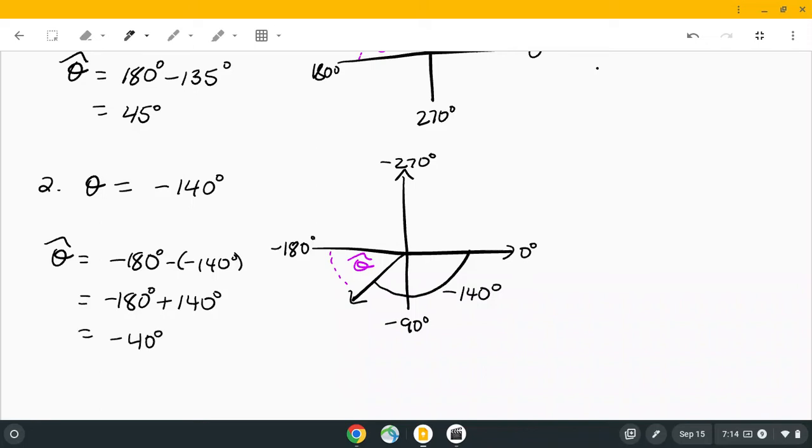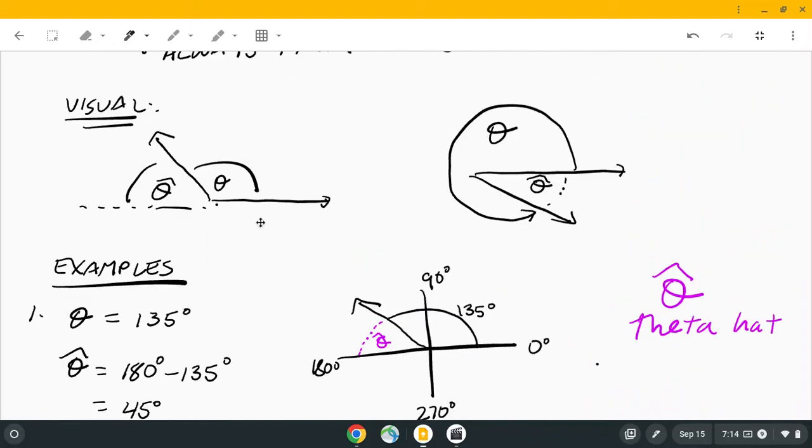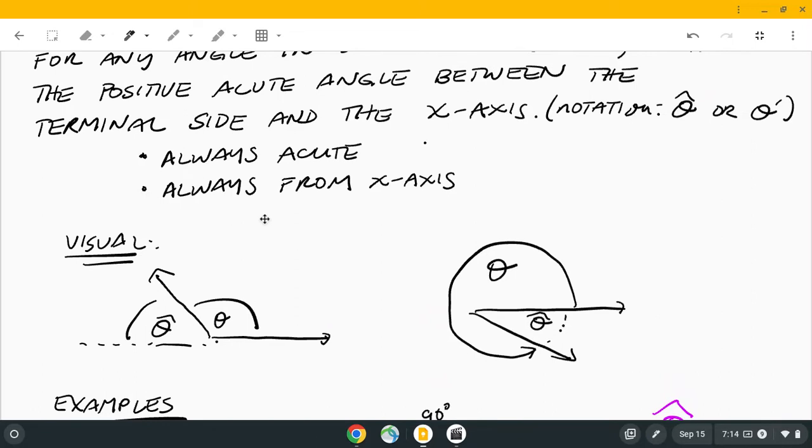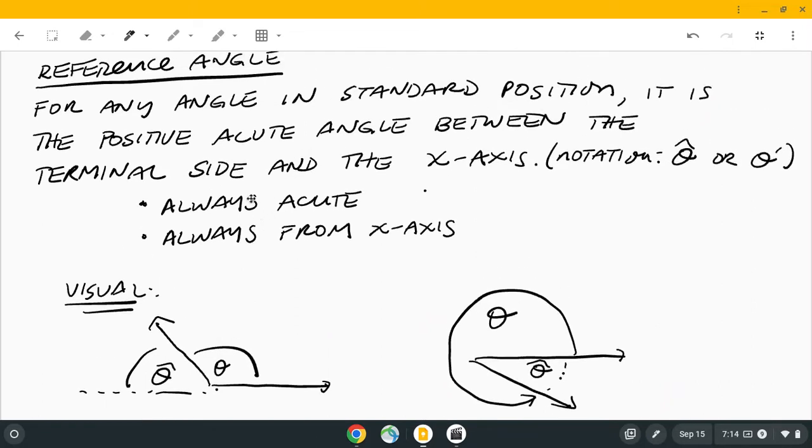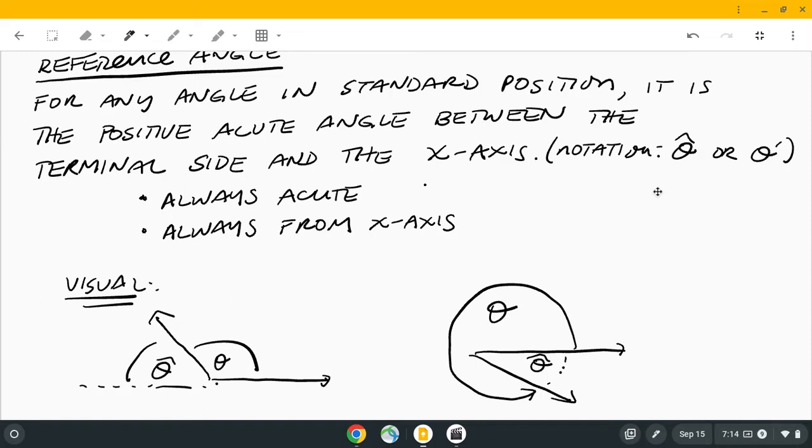Aha, but wait, let's take a look up here at our definition. Our definition says for any angle in standard position, it is the positive acute angle between the terminal side and the x-axis. So let's add that as our third always.